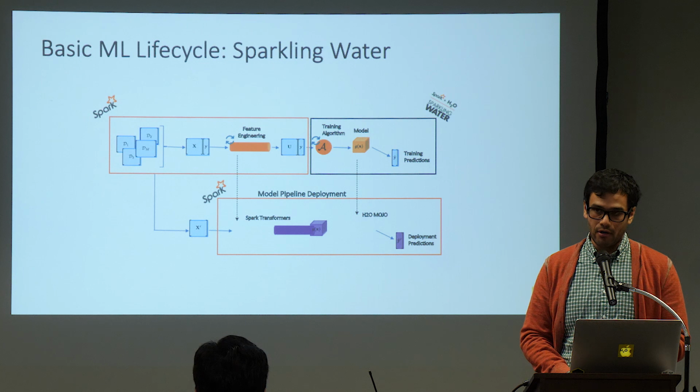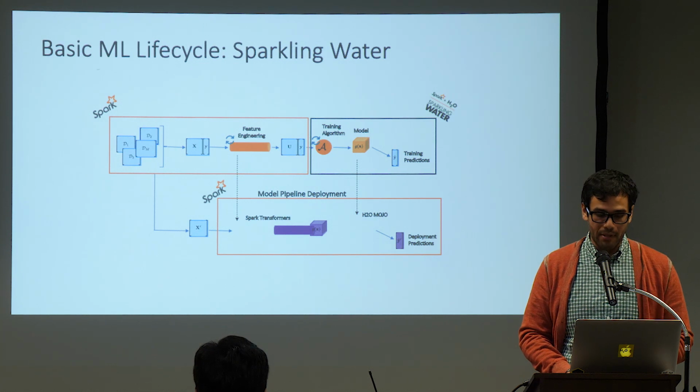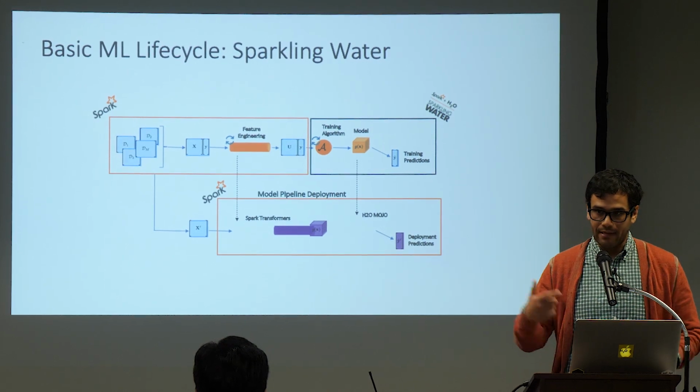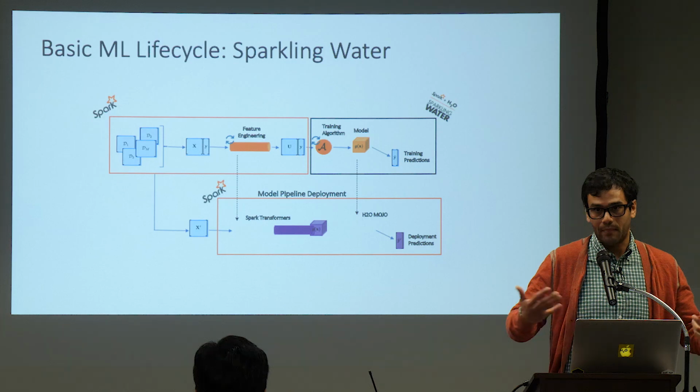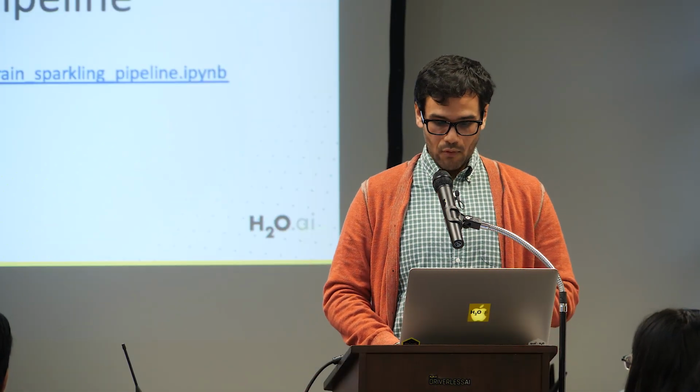You get the entire pipeline exposed as a Spark API. So in your production environment, you don't have this notion of a Spark pipeline and then an H2O pipeline. You have a Spark pipeline that happens to leverage the H2O platform underneath the hood. Cool.